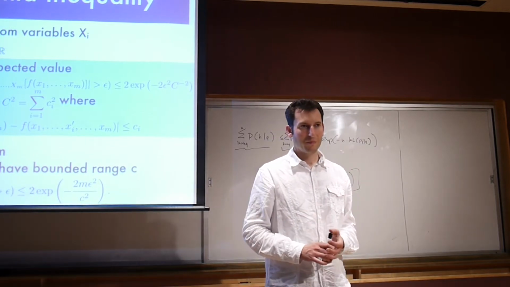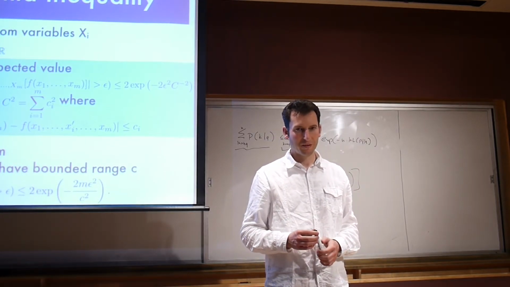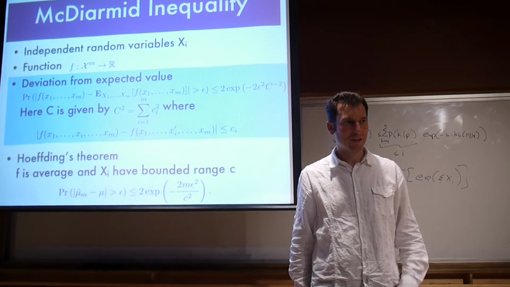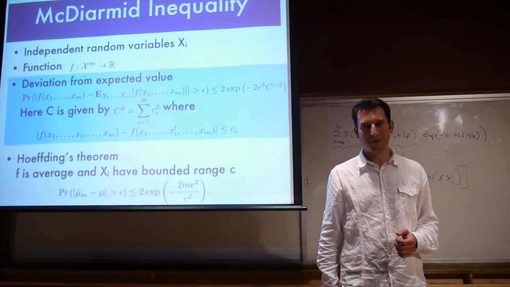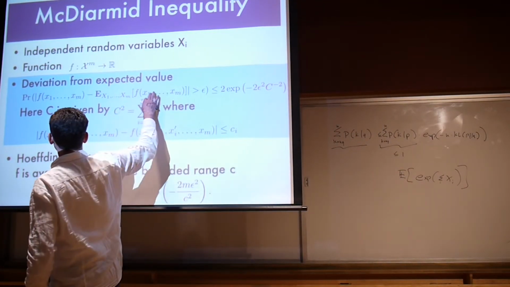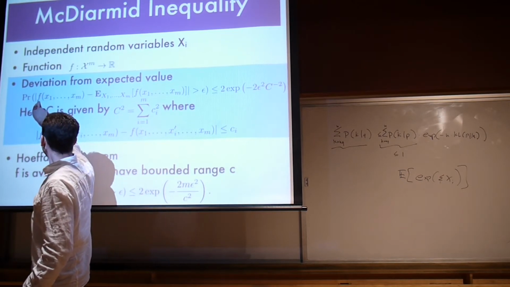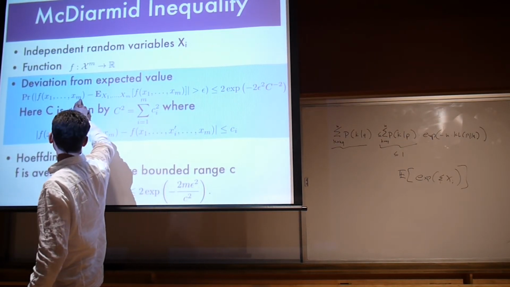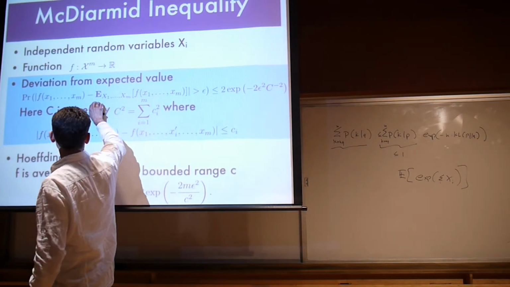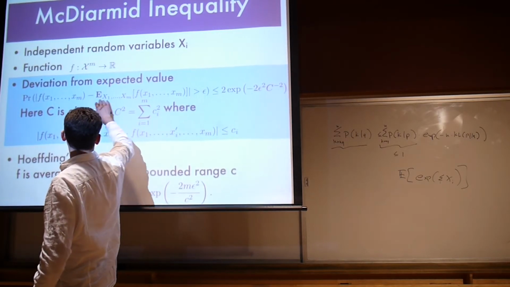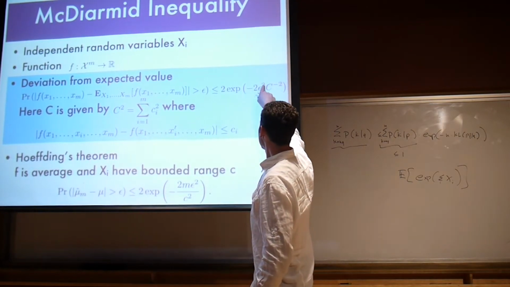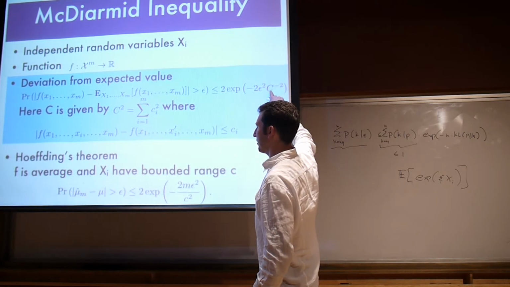Now, we sometimes need slightly stronger inequalities. So there's, for instance, McDiarmid's inequality, and it basically behaves very much like the Chernoff bound that I just showed you before. The key difference is that it's a bit more general. It says, in at least one version, that if I have some function f which depends on x1 through xm, then the probability of a large deviation between f of x1 through xm and its expectation being larger than epsilon is bounded by 2 e to the minus 2 epsilon squared over c squared.